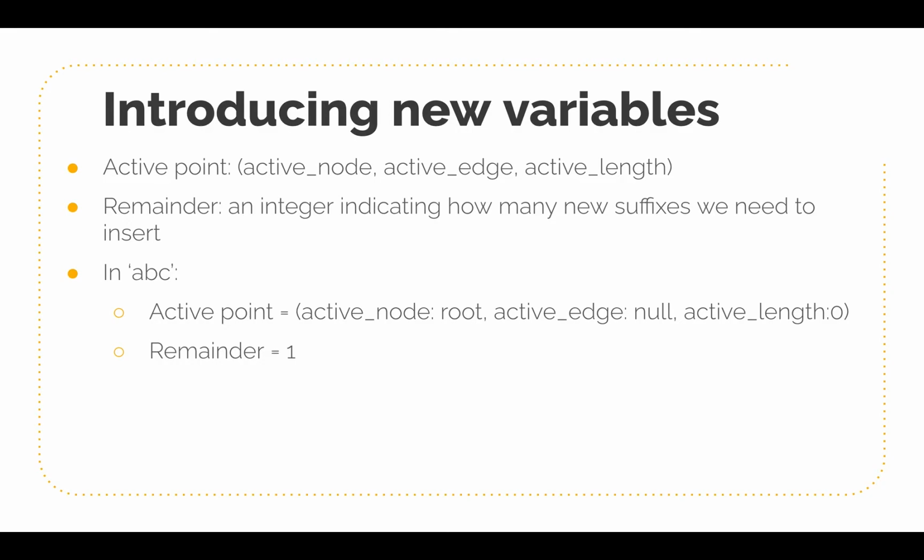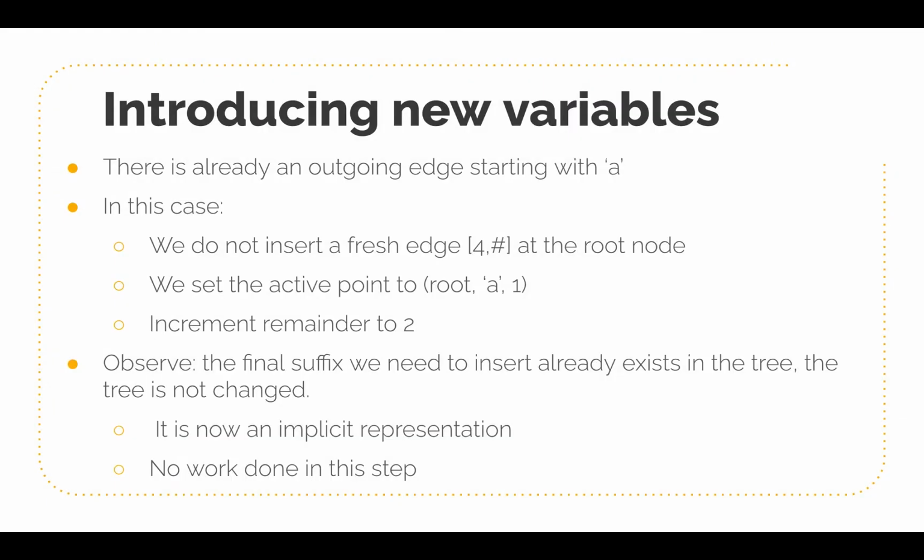When we insert a final character A at the root, we notice there is already an outgoing edge starting with A, specifically ABCA. Here is what we do in such a case. We will not insert a fresh edge for the current position at the root node. Instead, we will simply notice that a suffix A is already in our tree. It ends in the middle of a longer edge, but we're not bothered by that. We just leave things the way that they are.